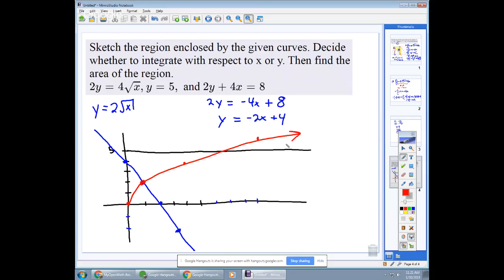Yeah. All right. So sketch the region enclosed by the given curves. Decide whether to integrate with respect to x or y. Okay, so I believe then that I need to extend this, I guess, over a little. The region I want is this one right here, the region contained by those 3 functions.